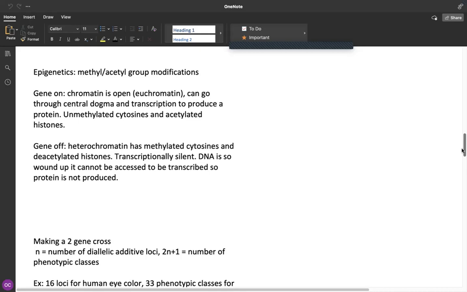At the ears and the paws, the temperature is colder. So it's unmethylated, and the chromatin is open and able to be transcribed in order to produce that pigment protein.